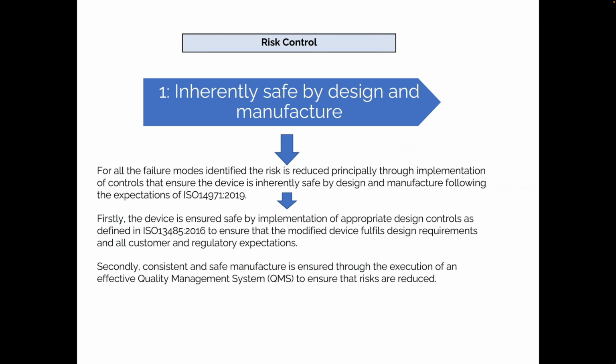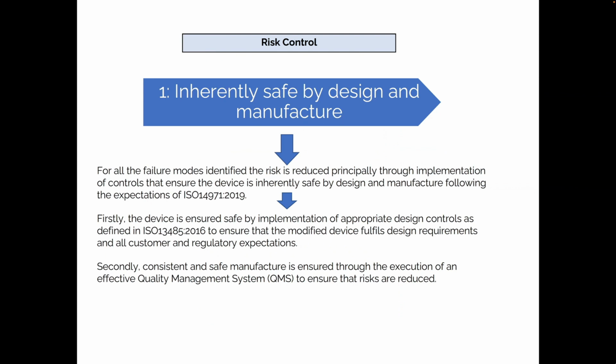So the first priority and the majority of the safety controls within medical devices are around being inherently safe by design and manufacture. All of the controls are in terms of design control, which go through a very rigorous and stepwise procedure, turning the user requirements into design inputs and outputs, which are verified, and then the output of that is validated against the user requirements.